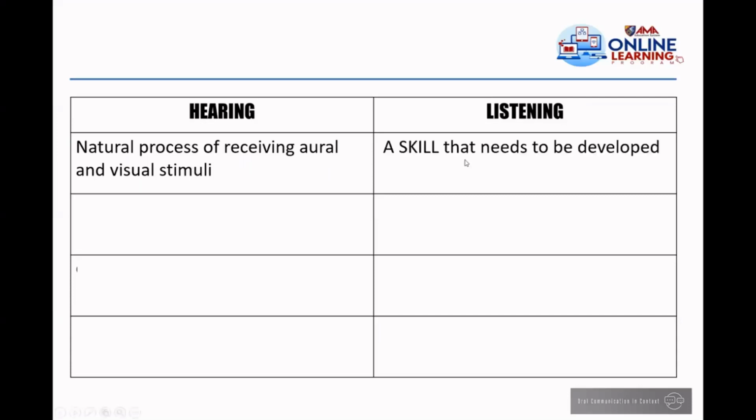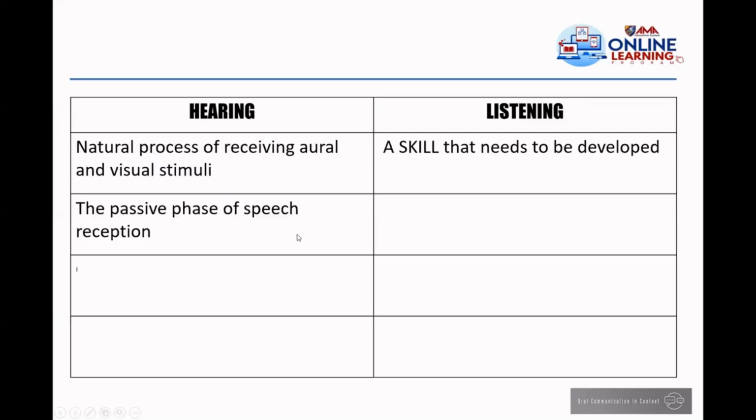Okay, listening is a skill that needs to be developed. Why? Because listening is very important in the communication process. If you have the hearing alone without the listening skill, the communication process will not be effective. So listening is a skill. Hearing is just a capability.